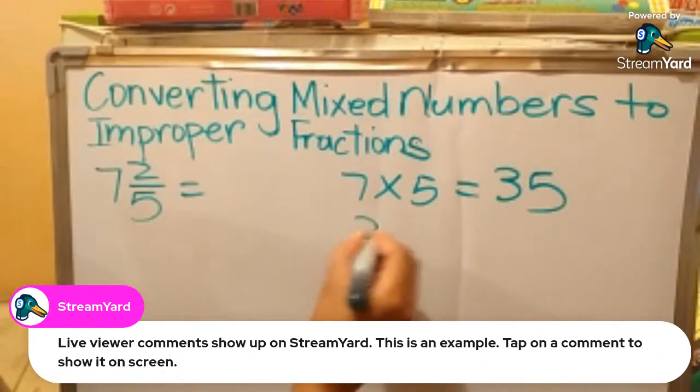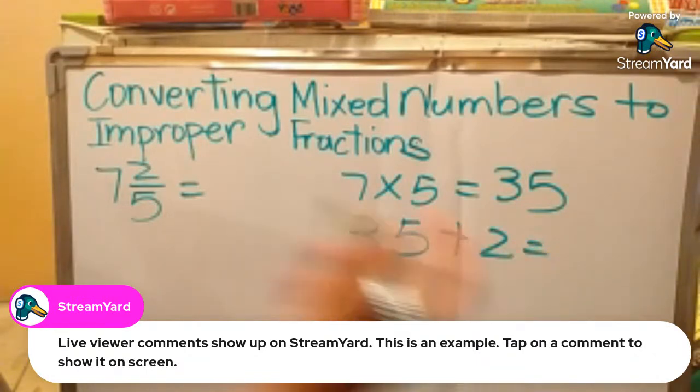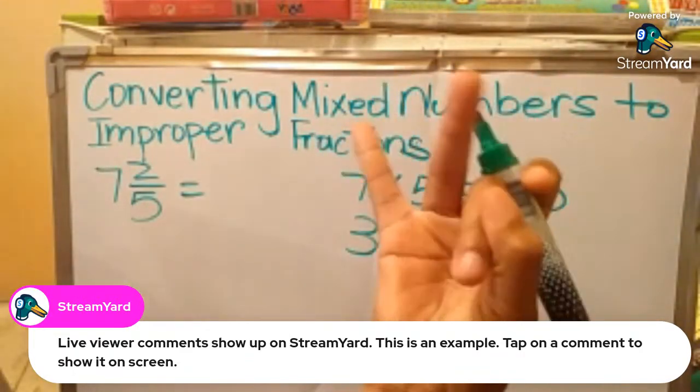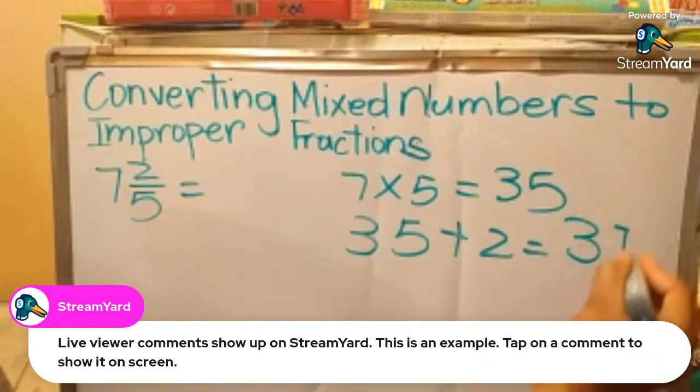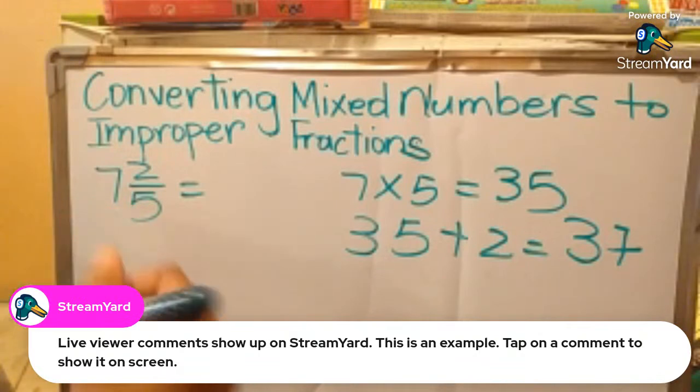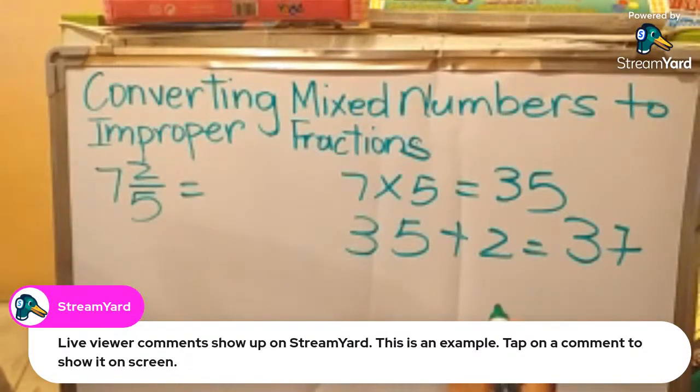So we're going to add 35 plus 2. So we add the answer that we just got plus our numerator. So 35 plus 2, call yourself the bigger number and put up the smaller number. So 35, 36, 37. So 35 plus 2 is 37. For those who don't know how to do it like that, this is a simple way to do it. You can set it out using your 100, 10s, and 1s. All right, look at this now. So I'm going to put it at the top so you can see it.